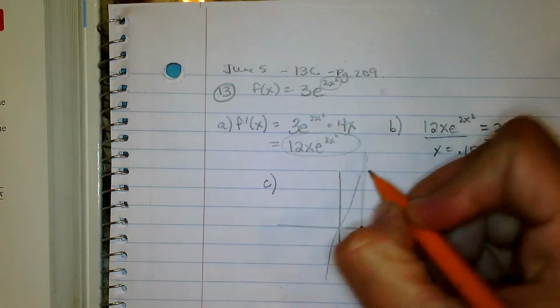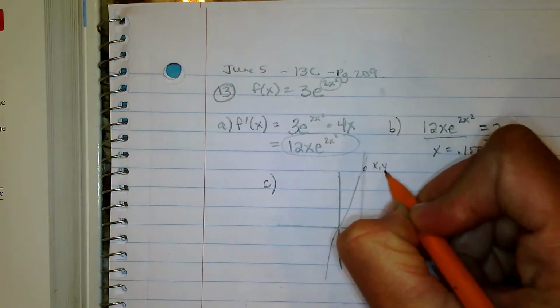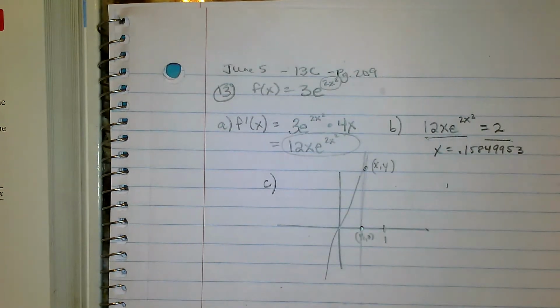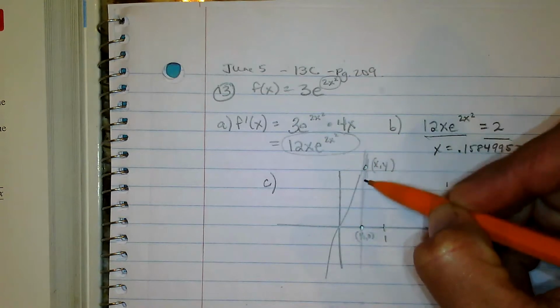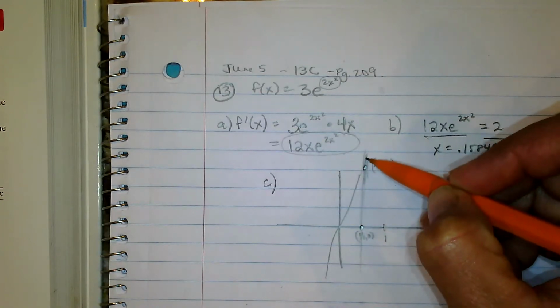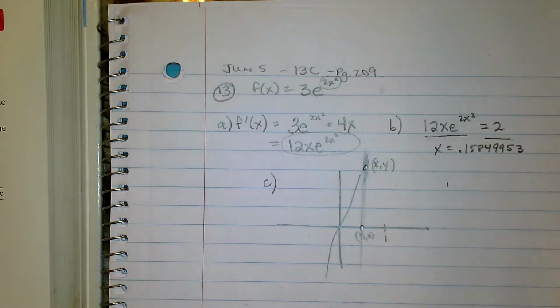So there's some point x, y on the graph such that, oh golly, this is a tough one. Such that the slope here goes through 1/2, 0.